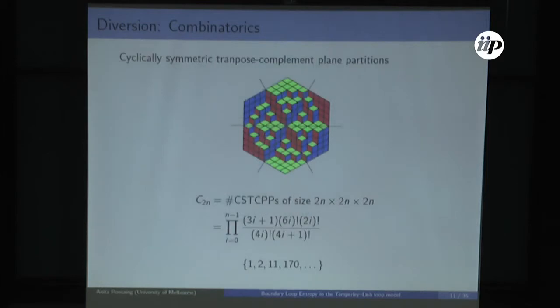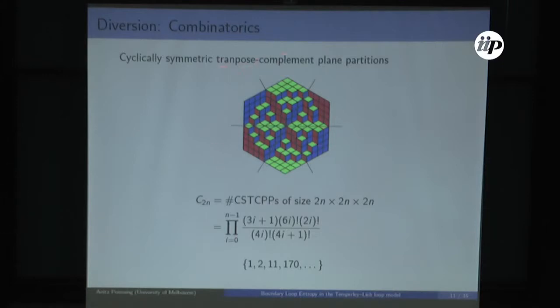Then the third object is the cyclically symmetric transpose complement plane partition. Plane partitions were luckily introduced in the previous talk. I'll just mention briefly. You can think of them as stacking small cubes inside a larger cube, or you can think of them as rhombus tilings of the hexagon. Now the cyclic symmetry means that it's symmetric under a rotation by 2 pi on 3.